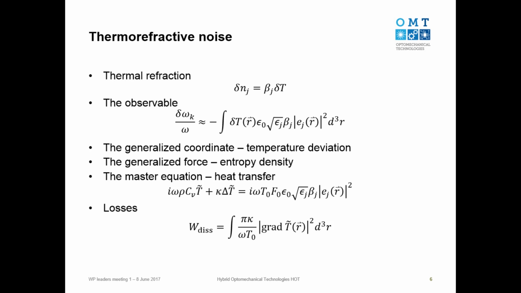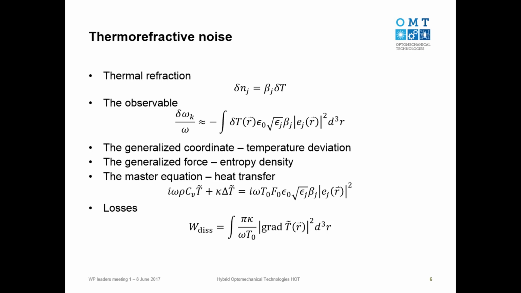It is straightforward that our generalized coordinate will be temperature deviation, and generalized force is entropy density, because if you multiply them, you get the energy. And our master equation is the heat transfer equation in the following form. So we have this heat transfer part and our pumping that comes from the estimation of the Whispering Gallery Mode profile.